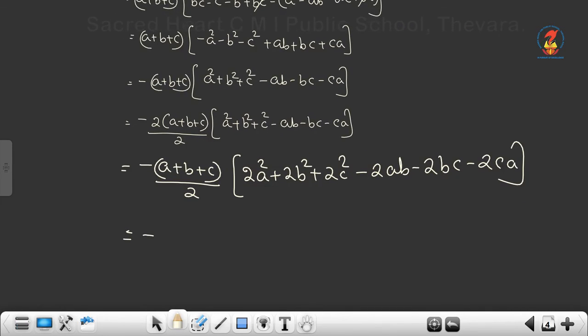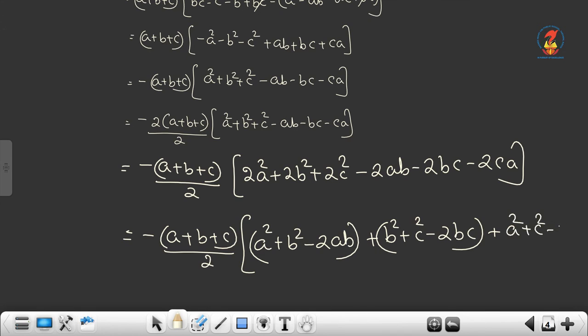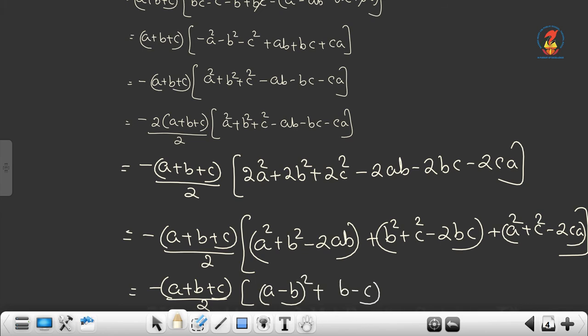Now we write the second bracket as perfect squares. a square plus b square minus 2ab, put in one bracket. b square plus c square minus 2bc. Then a square plus c square minus 2ac. So a minus b whole square, b minus c whole square and c minus a whole square.